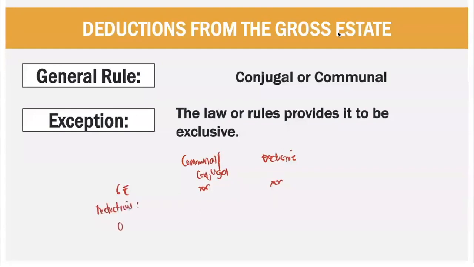Generally, ordinary deductions are considered deductions on your conjugal or communal properties, except if the law or rules provide it to be exclusive. Please take note of that. It is communal except if the law tells you it is exclusive.